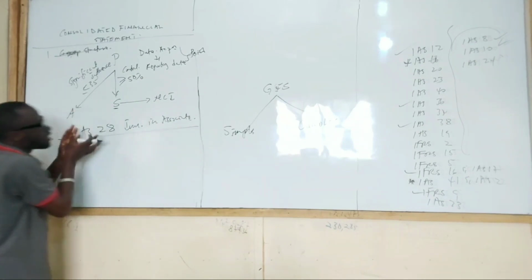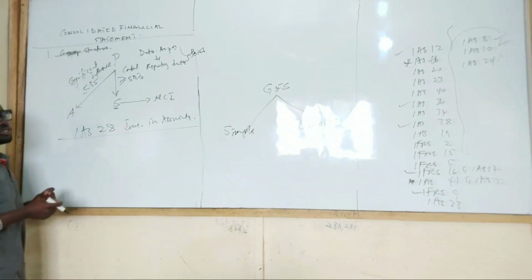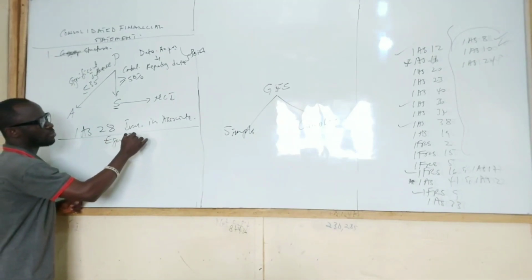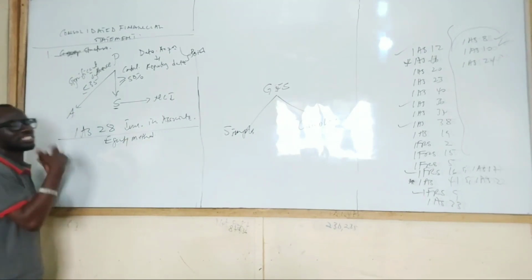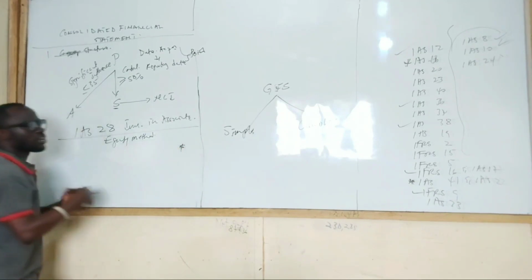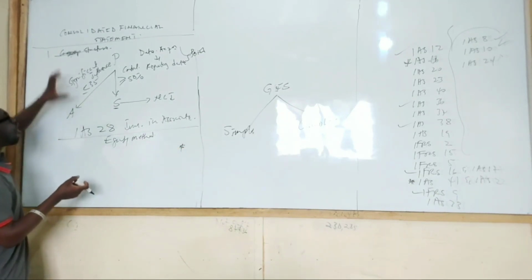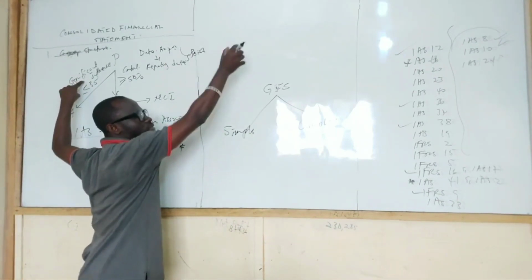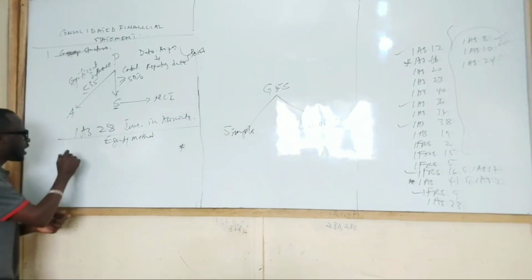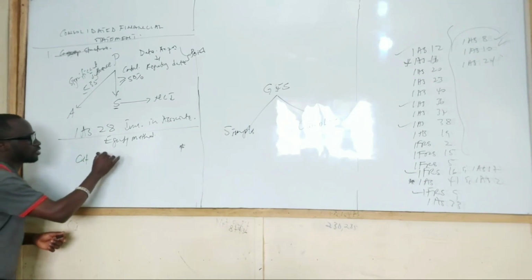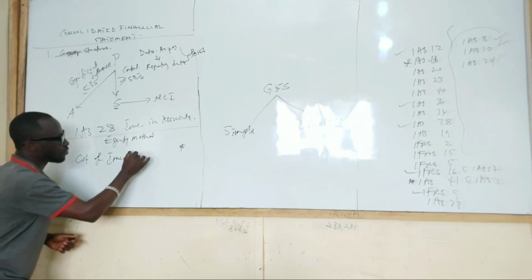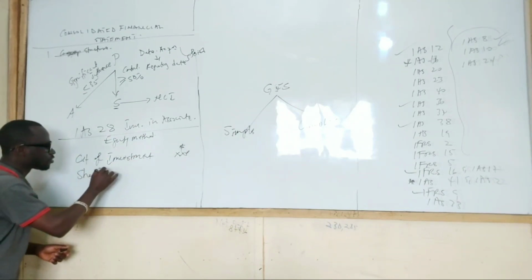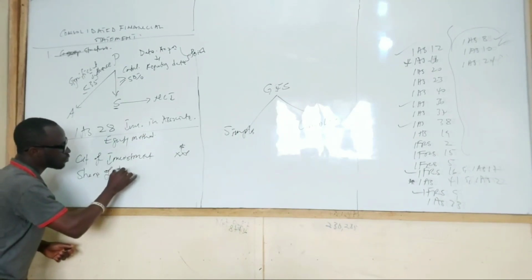If we use this standard to account for our investment in associates, the standard says that we should adopt what we call the equity method. What is the equity method? The equity method simply means that the value of our investment in the associate that we take to the group statement of financial position should be the cost of our investment, how much we paid for the investment, plus our share of the associate's profit or loss.